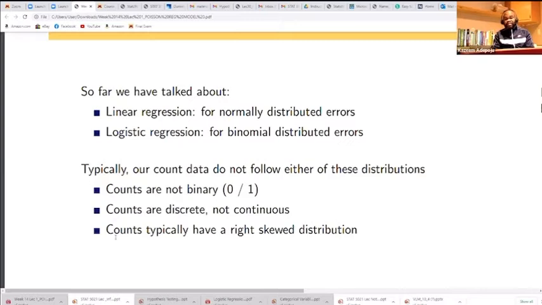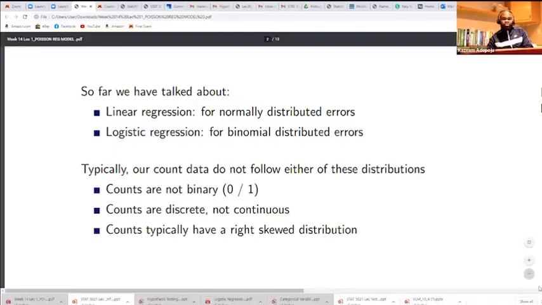Skewness is a departure of data from normality. When the data is skewed, it is skewed either to the right or to the left. Count data have a history of being skewed to the right. So I think I've stated the reason why count data do not follow any of the distributions that I've highlighted.